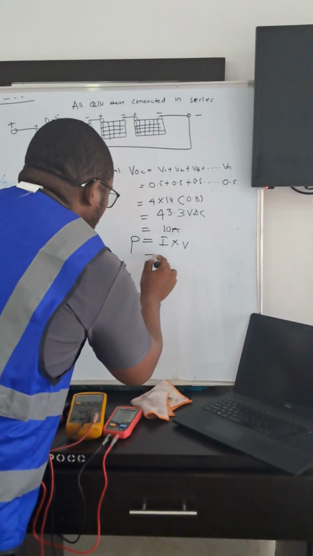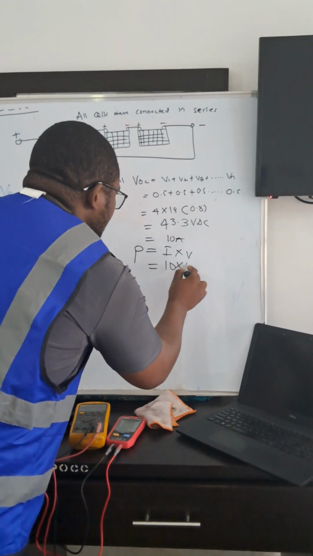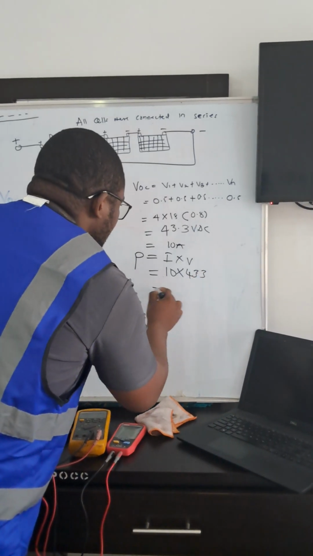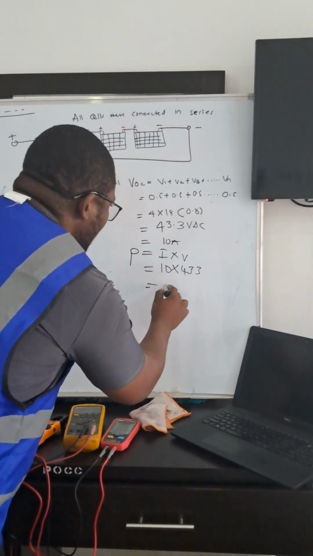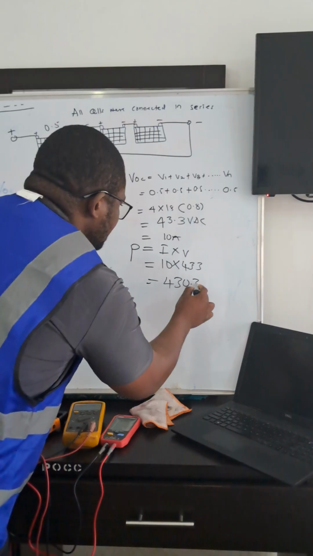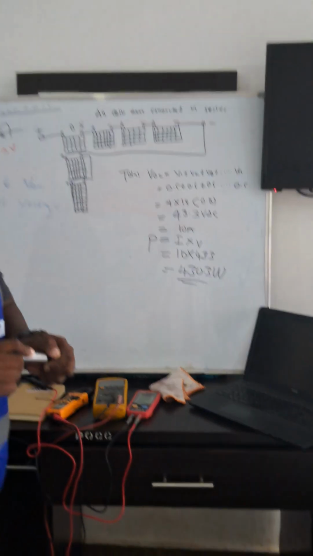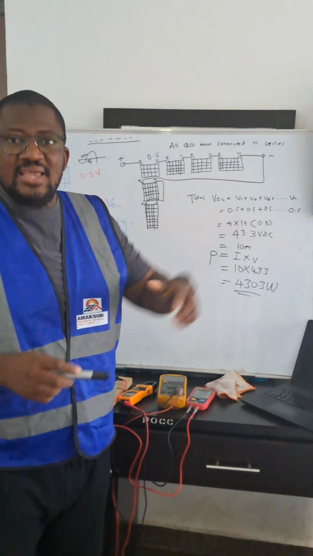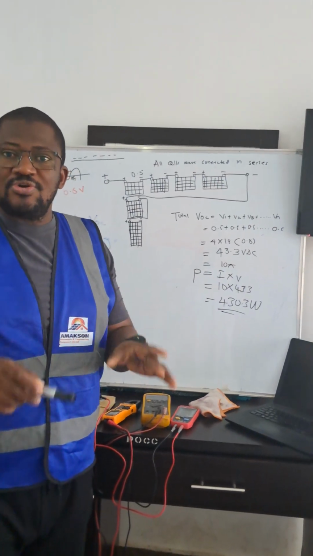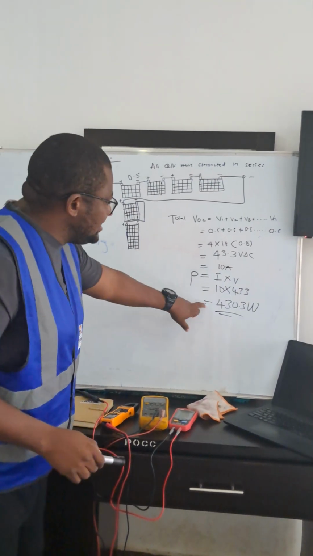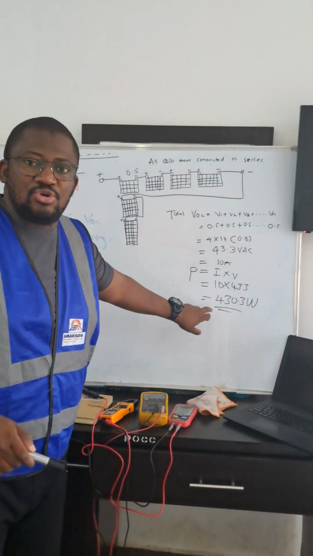So it is equal to 10 times 43.3, which means we'll have 430.3 watts. If you can remember, the panel we used out there is 450 watt. Can you see? We are getting closer to the capacity of the power.